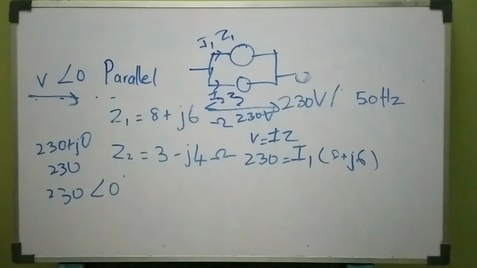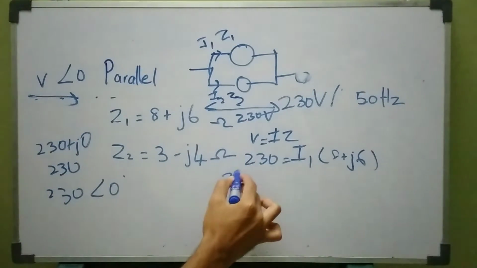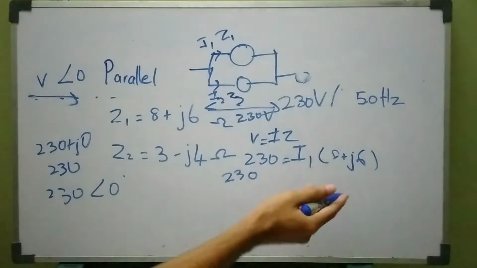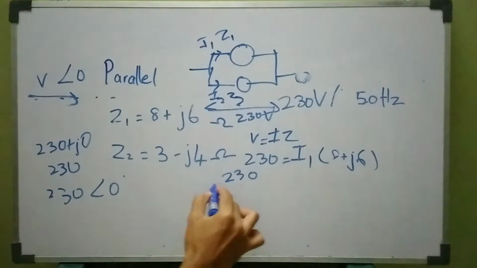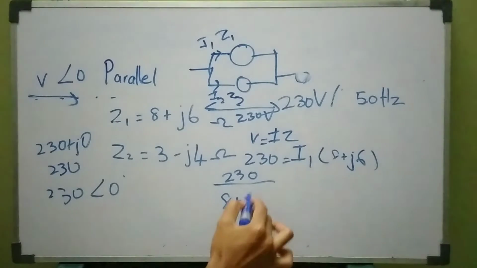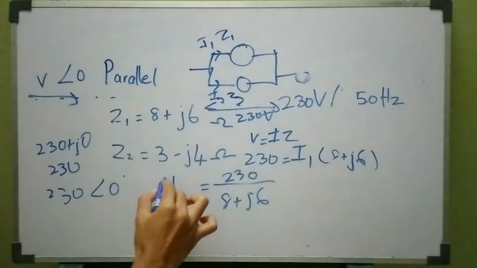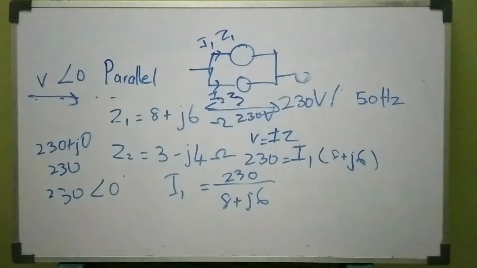So let's try it as a complex number. I will write 230 plus j into 0, and divide it by 8 plus j6. If I simplify this, I'll get the complex number answer for I1.